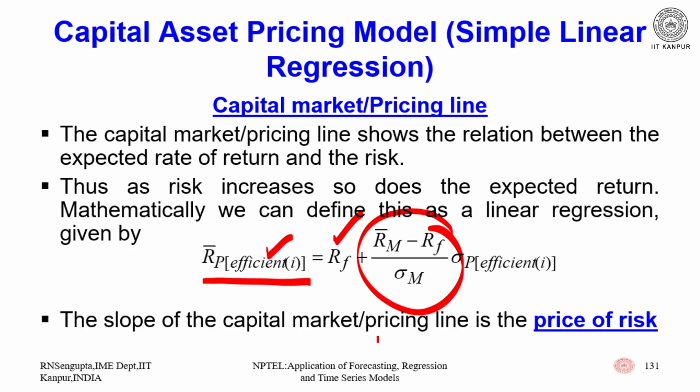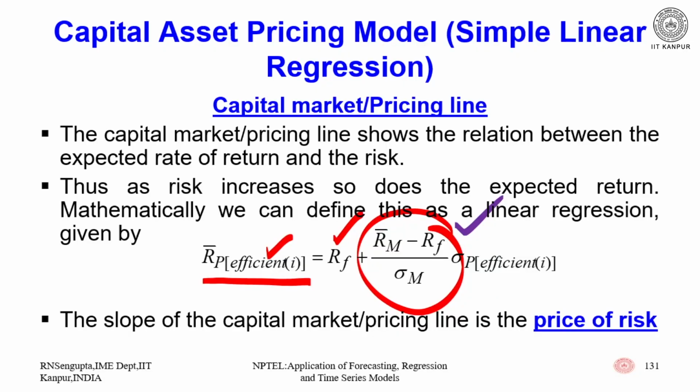The slope of this capital pricing line is basically the price of the risk. I will use the blue or the violet color. Price of the risk means in the numerator you have the difference of the returns RM and RF. So, if the risk free return is, say for example, 5% and the market return is 10%, then if I invest in the market, I am getting an extra 5%, 10 minus 5.